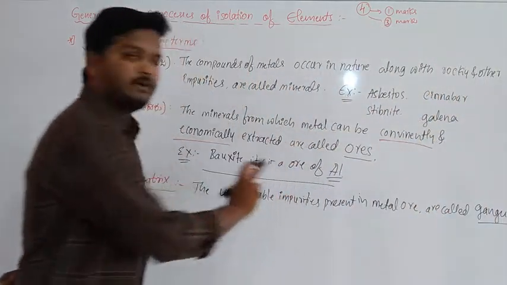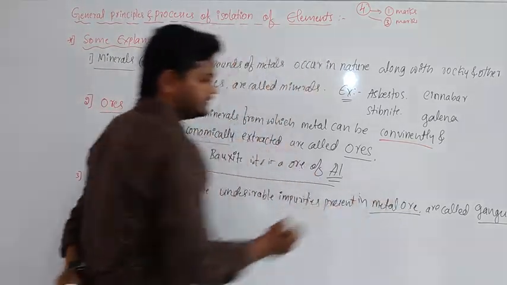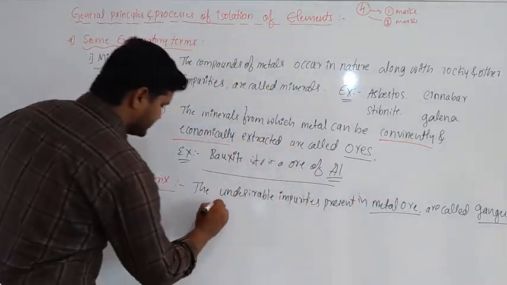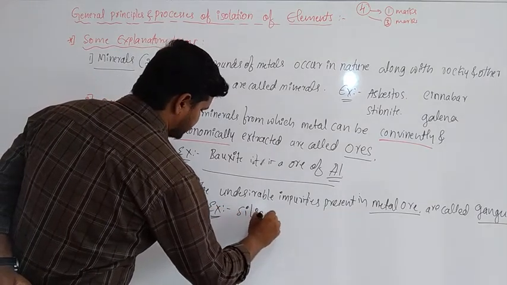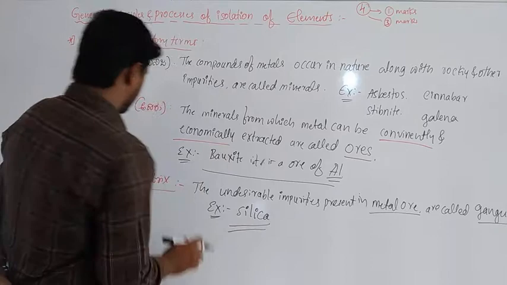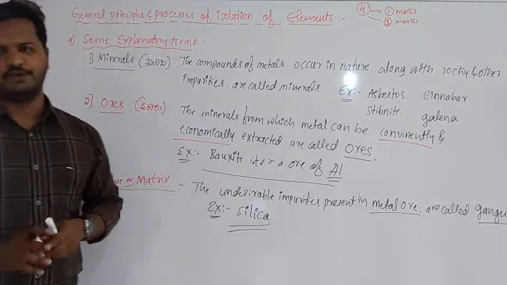Example, silica, which is present in a ore, that is called a gang or a matrix. Means it is a undesirable impurities.